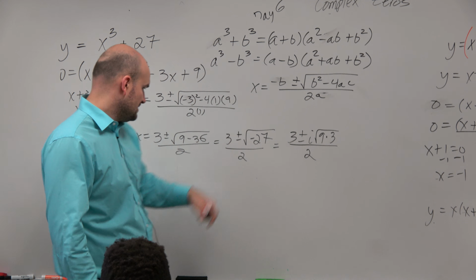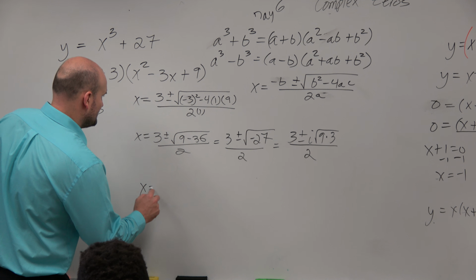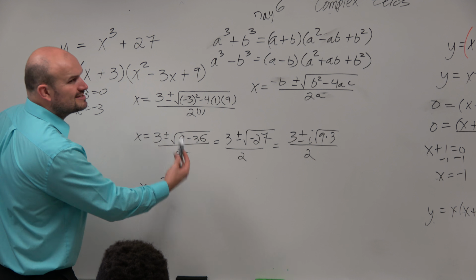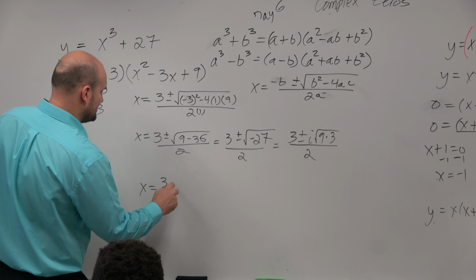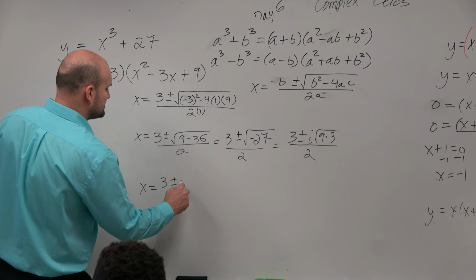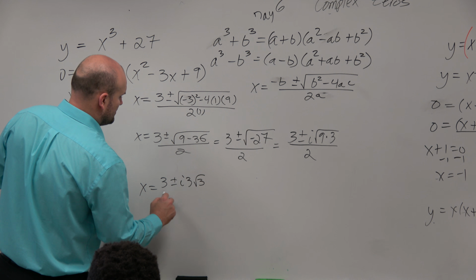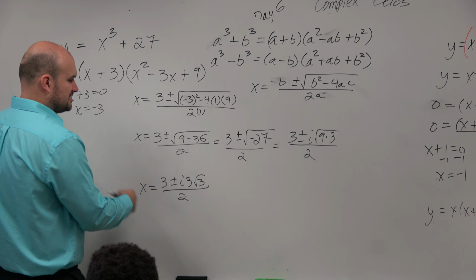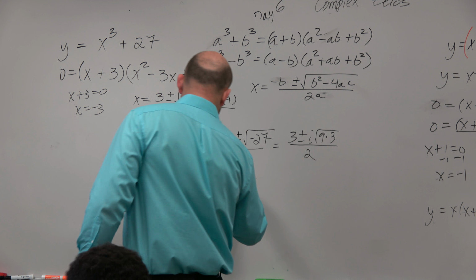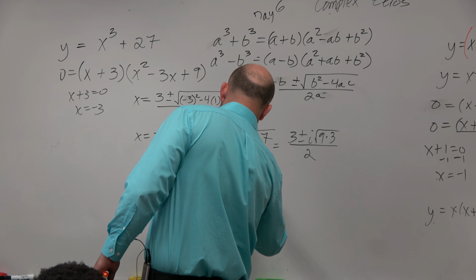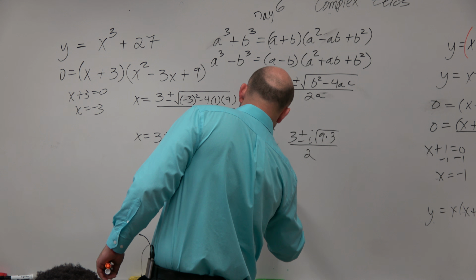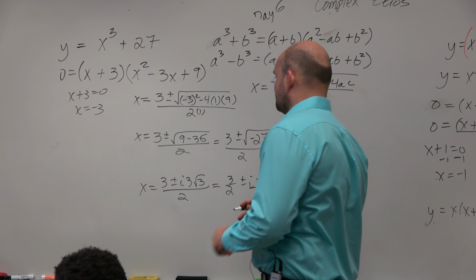Yes, I can. So I'm actually going to go back here. So we could say x equals, I'm showing you guys step by step, but obviously that's because I haven't really gone through this in much detail yet in this class. In reality, you guys could probably skip a whole bunch of steps here. So therefore, my answer is 3/2 plus or minus i times 3 square root of 3 over 2.